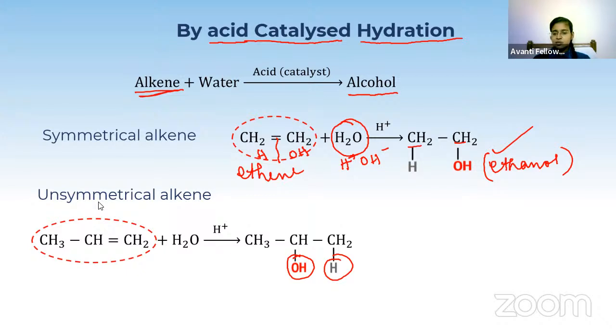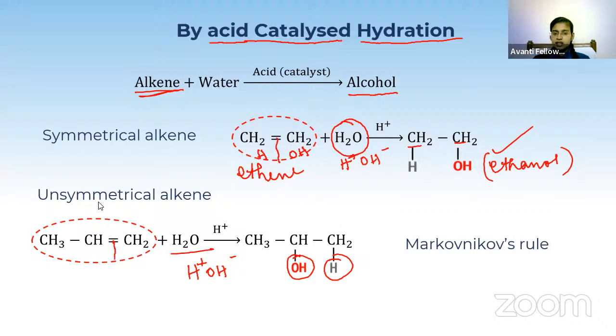Very good, Rakshit and Bishan. The molecules are added to the double bond according to Markovnikov's rule. Exactly correct. So what is Markovnikov's rule? I have already explained it in the previous lesson, right? We have to break the double bond.